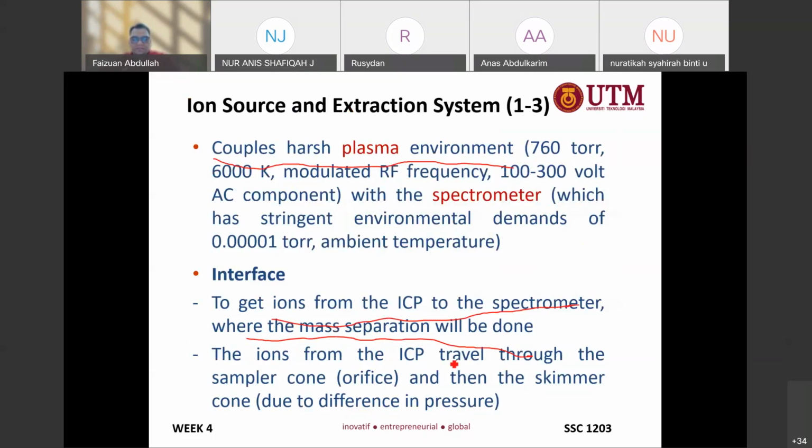The ions from the ICP travel through the sample cone and then the skimmer cone, due to the difference in pressure. This is how the plasma is produced. The ions must go from the ICP to the spectrometer through the interface part.